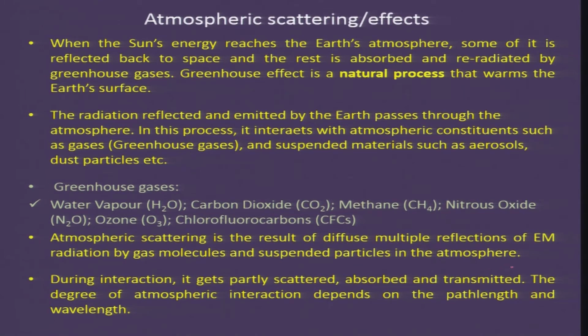This is important, because not everything will be absorbed; it will be partly scattered, absorbed and transmitted. The degree of atmospheric interaction depends on the path length and the wavelength. This is the complete spectrum. If you look at it, you will understand that this interaction depends on the wavelength as well as the path length.